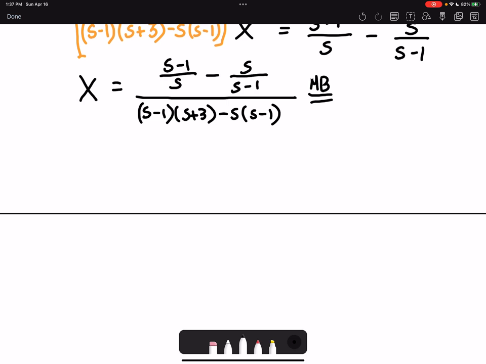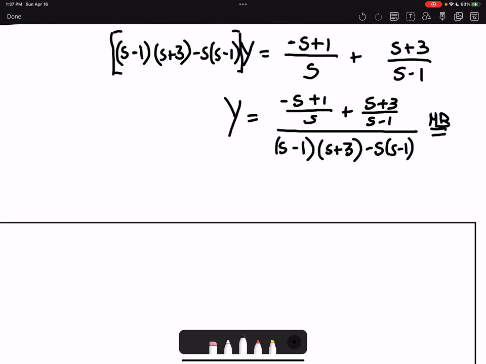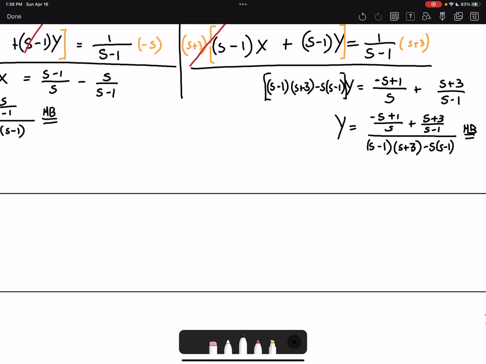And then S minus 1 times S plus 3 minus S times S minus 1, which is the same as this one right here. But for this one, we get negative S plus 1 over S plus S plus 3 over S minus 1. And then all of these together are divided by the same denominator. So I press Control Enter. And if we didn't make any typing mistakes, we get the following.